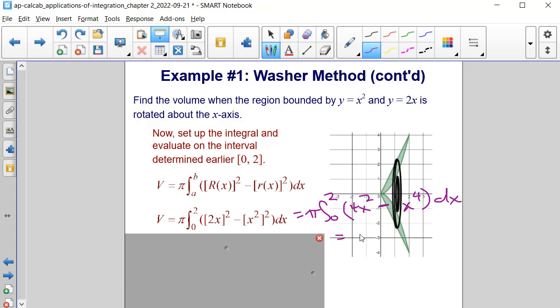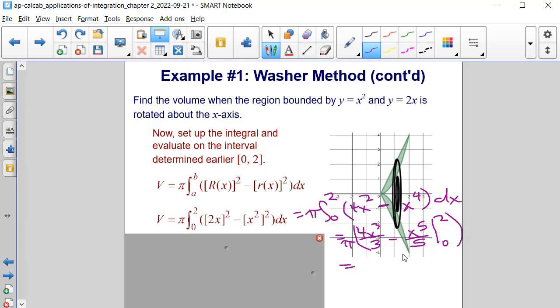And when we do that, we're going to have 4x to the 3rd over 3 minus x to the 5th over 5, and we still have the pi out in front. And we're going to evaluate this from 0 to 2, and then we're going to multiply by pi at the end.